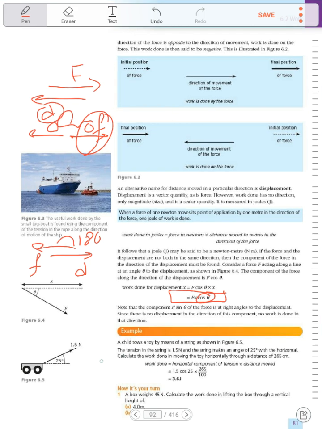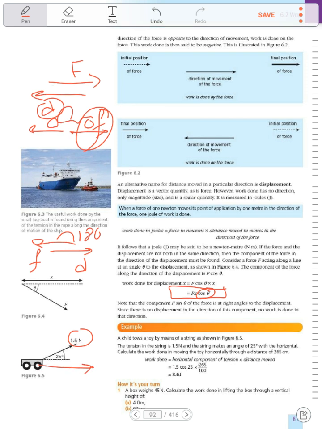Here we have an object and a force acting on it at an angle of 25, and the object moves forward. So the work done equals the force 1.5 multiplied by distance, which is 265 centimeters, multiplied by cosine of the angle.